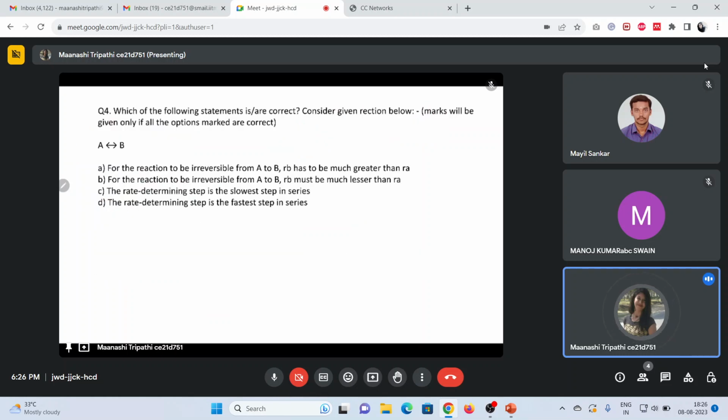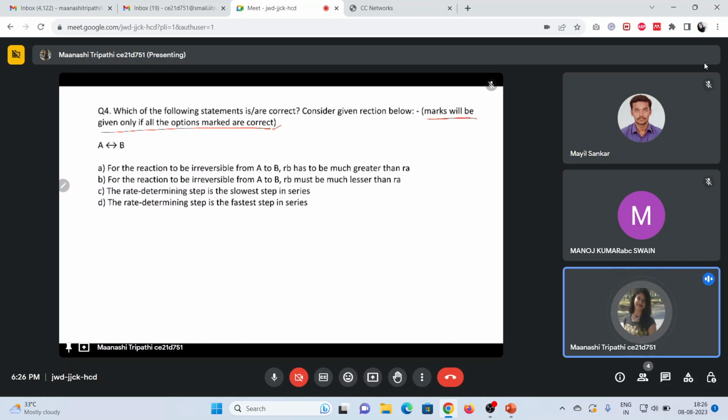Moving towards the next question. Which of the following statements are correct? Consider the given reaction below. All these questions are from your previous examinations, so it is written that marks will be given only if all the marked options are correct.